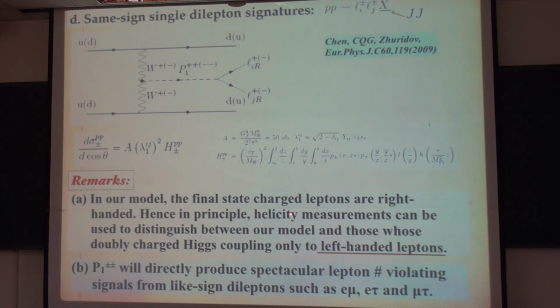So in principle, helicity measurement can be used to distinguish between our models and those whose doubly charged scalars couple only to the left-handed, like the type 2 seesaw, which is what most people study in papers. So this theory is clearly different from that theory. If you look at the helicity, this is only right-handed. Also, this decay to dileptons is lepton number violating, like e mu, e tau, and mu tau.